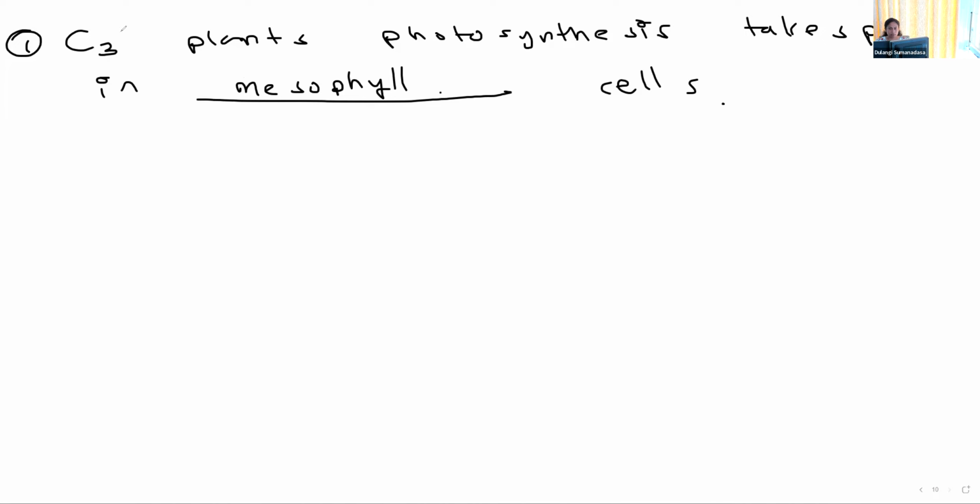So I said C3 plants are the normal plants, right? In normal environmental conditions, they don't have adaptations to stop the photorespiration, because if there's a sudden temperature hike, they can't do anything, right? But there is a special adaptation in plants that live permanently in hot and dry environments.